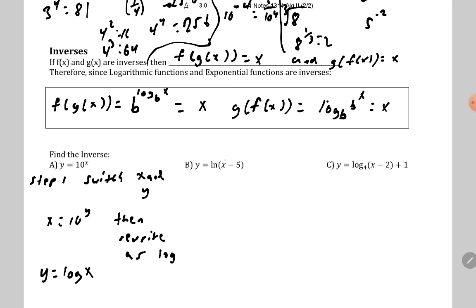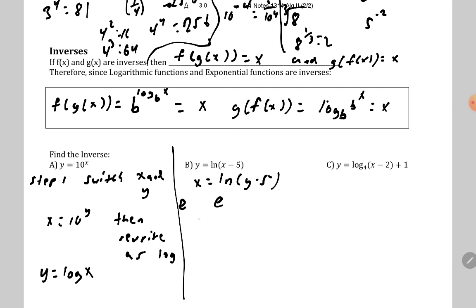Okay. So once again, part B, we're going to switch x and y. So x equals ln of y minus 5. Remember, ln is natural log. It's log base e. How I like to look at it is I'm trying to get y by itself. So I have to do the inverse operation. If I have natural log, then I'm going to e both sides.